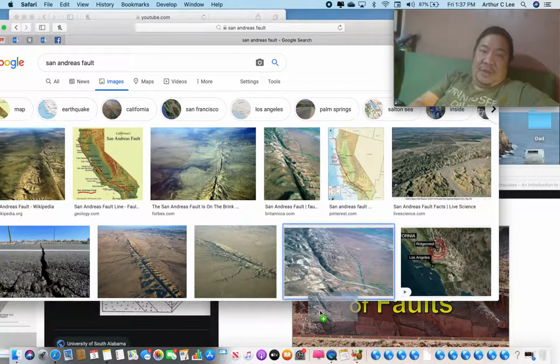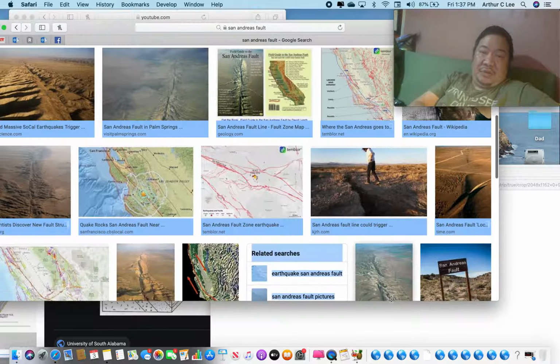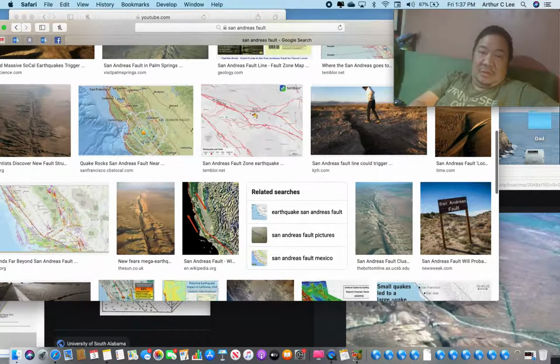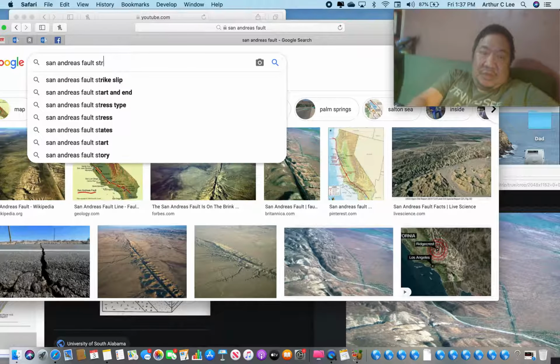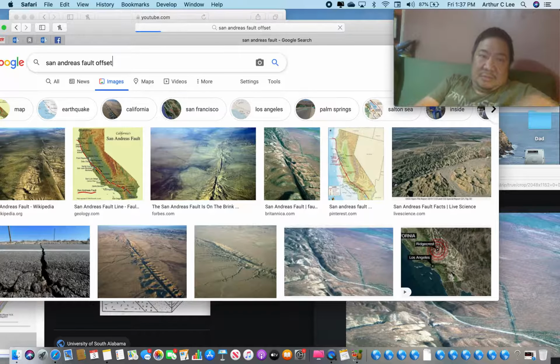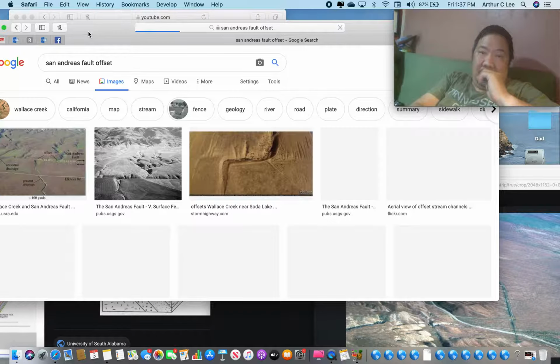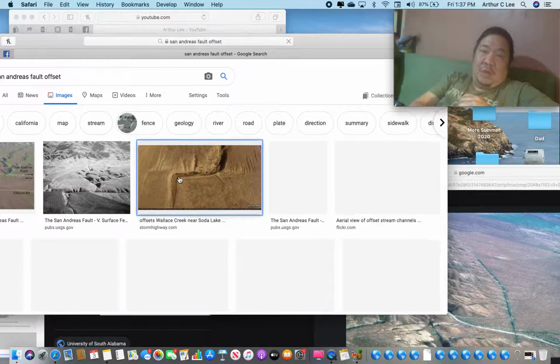Let's see if we could take a look at a picture here, strike offset. Okay, here you can see a creek called Wallace Creek.